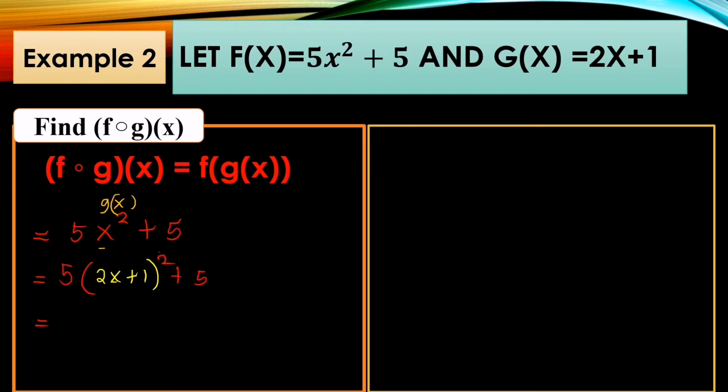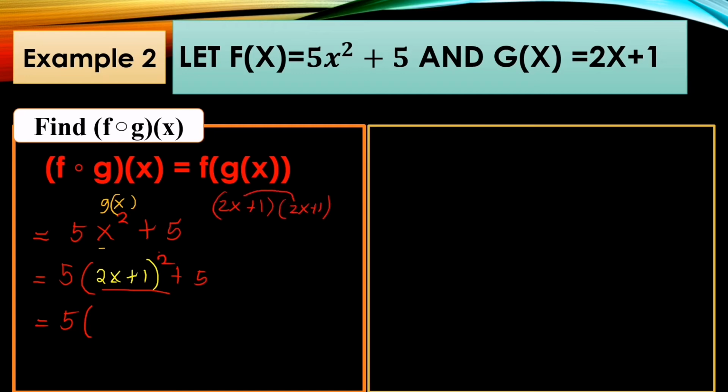Then after that, you need to simplify the square of the binomial here. The square of the binomial is 2x plus 1 times 2x plus 1.